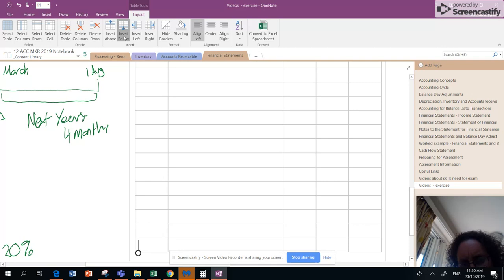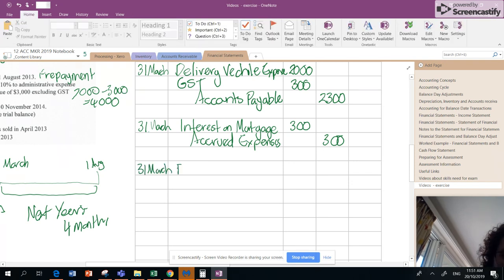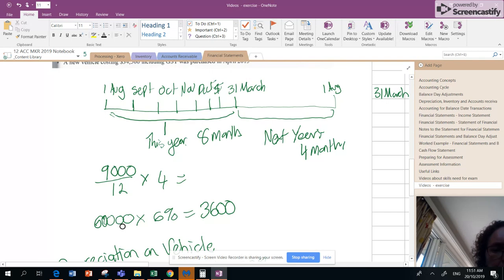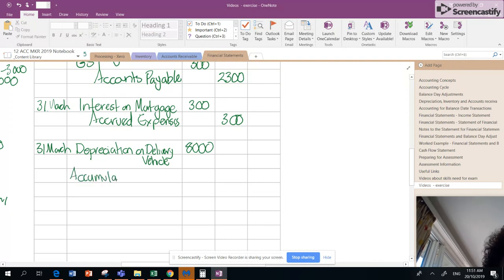Okay, so we're going to create the expense depreciation on delivery vehicle, which is a debit. And it is for, what did we work it out to be? 8,000. So that's the debit. And then we're going to credit accumulated depreciation.